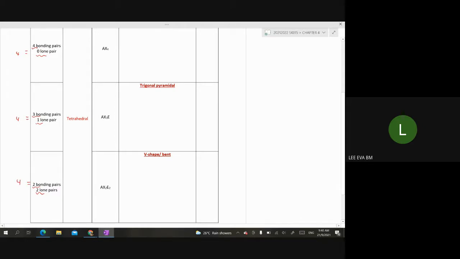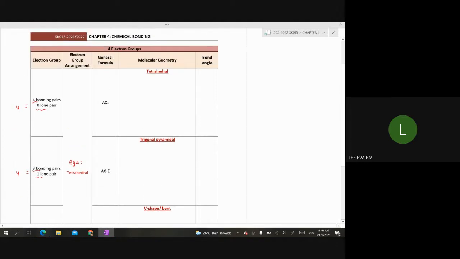So the electron group arrangement is the same for all: tetrahedral. The general formula AX4 gives you back the basic shape, sebab semua adalah bonding pair. So kita punya molecular shape masih sama macam EGA, electron group arrangement, 109.5.